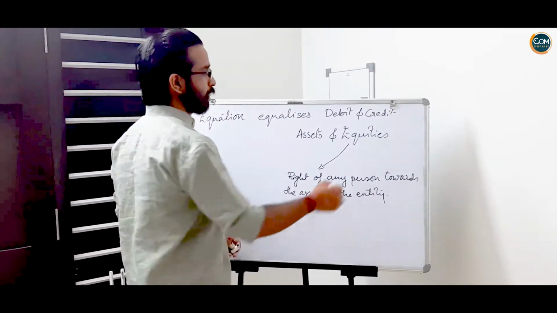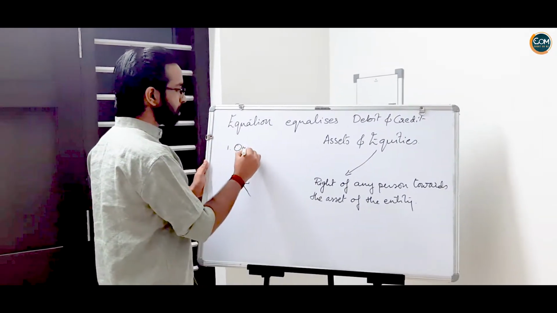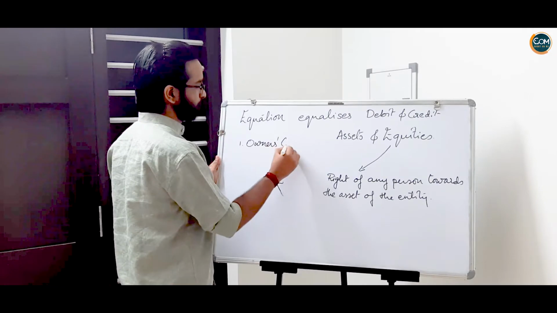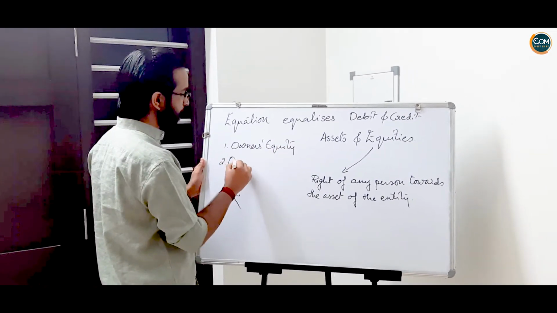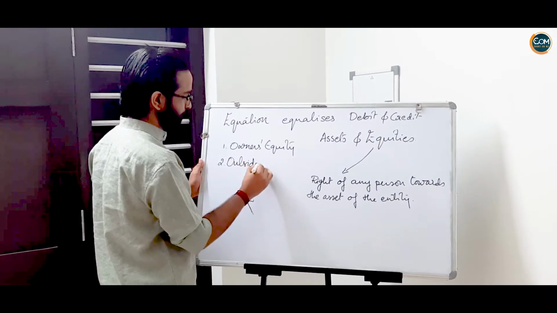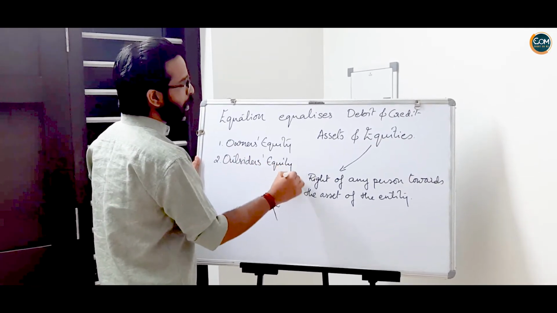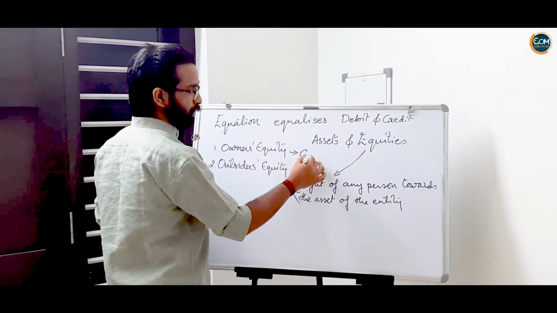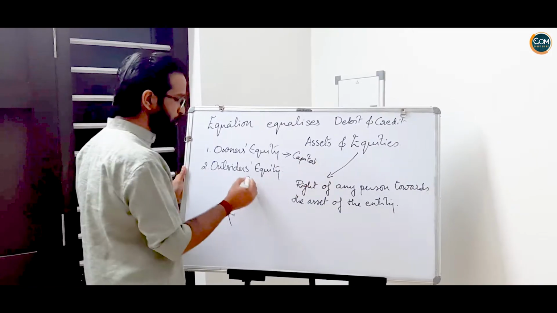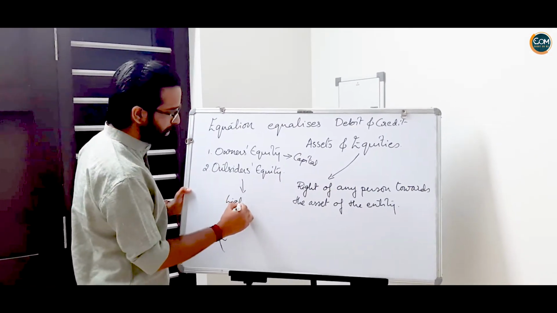Equities can be classified into two. One is owner's equity and the second is outsider's equity. Owner's equity is also known as capital and outsider's equity is normally termed as liability.